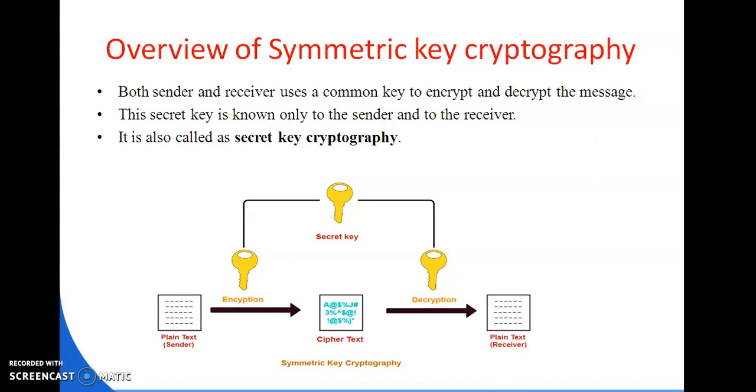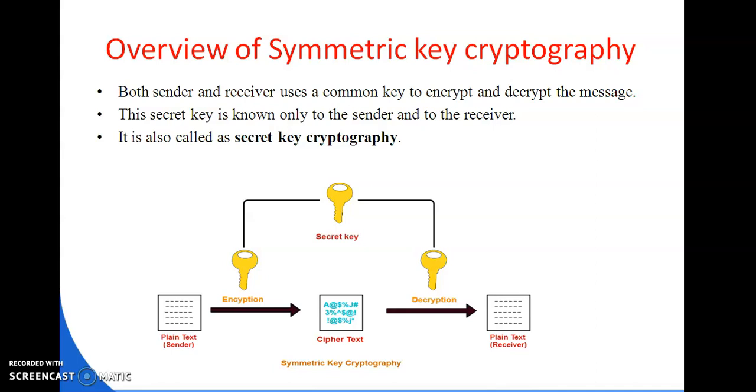Let's discuss an example. Suppose this is the sender, who uses the key to transform the plain text message into ciphertext. At the receiver's end, the same key is used to decrypt the encrypted message, thus deriving the original message.